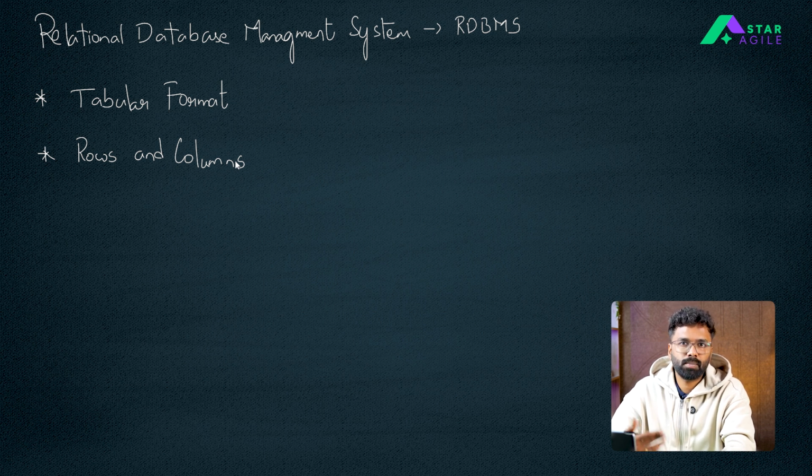For example, the student names, student ID, which course they are studying and what marks they got. All the details related to the students you will see in tabular format. So that is why it is more flexible for us to understand the data when you use the relational database management system. How the data is structured here is in tabular format, meaning you have rows and columns.